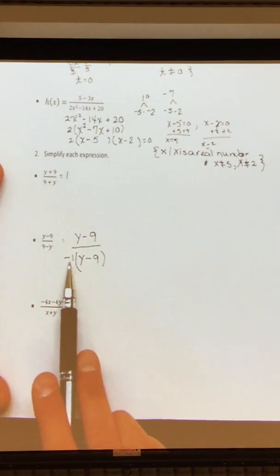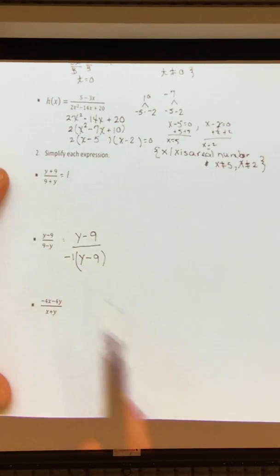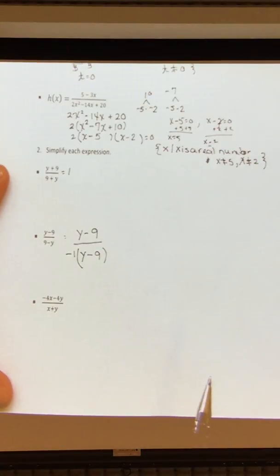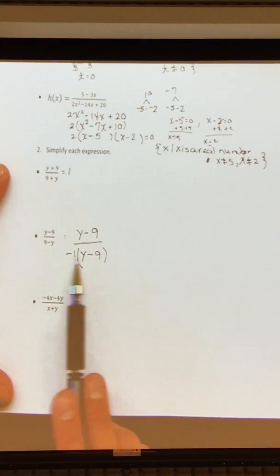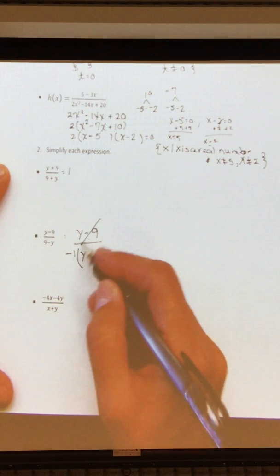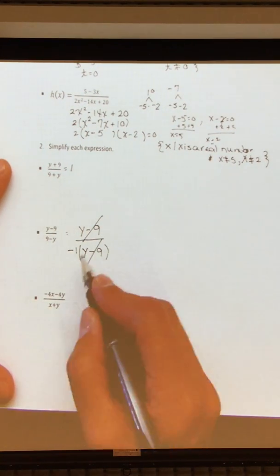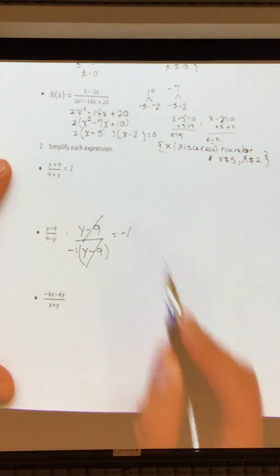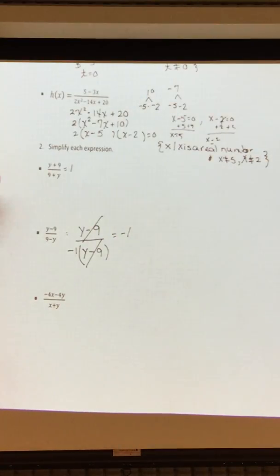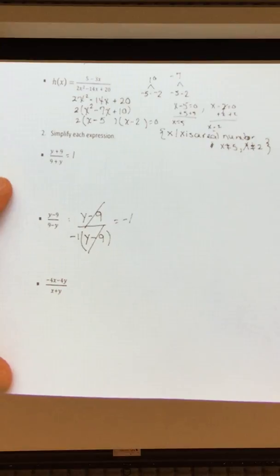Again, when you distribute, you come up with the same original terms. Negative 1 times negative 9 becomes positive 9. And here you can cancel y minus 9 over y minus 9, and you're left with negative 1. And that is your final answer, negative 1.